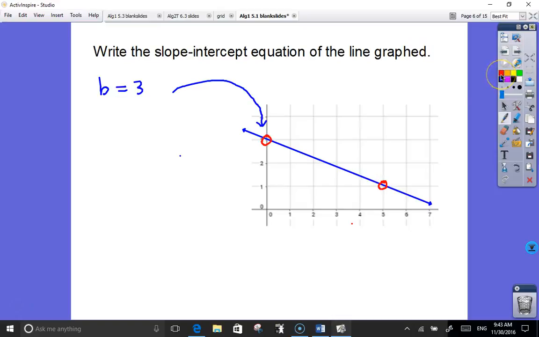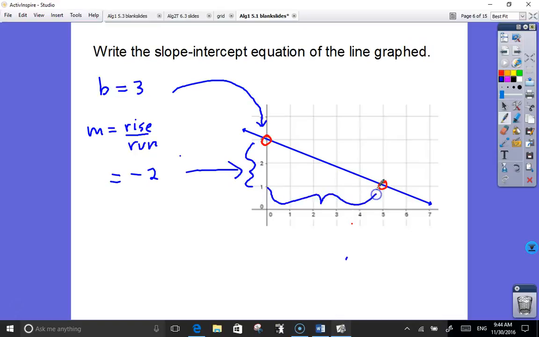M equals the rise over the run. How much are we going up and down as we go from the y-intercept to this point? It's down 2, right? And how many x values are we going to the right? 5. So there's our m.